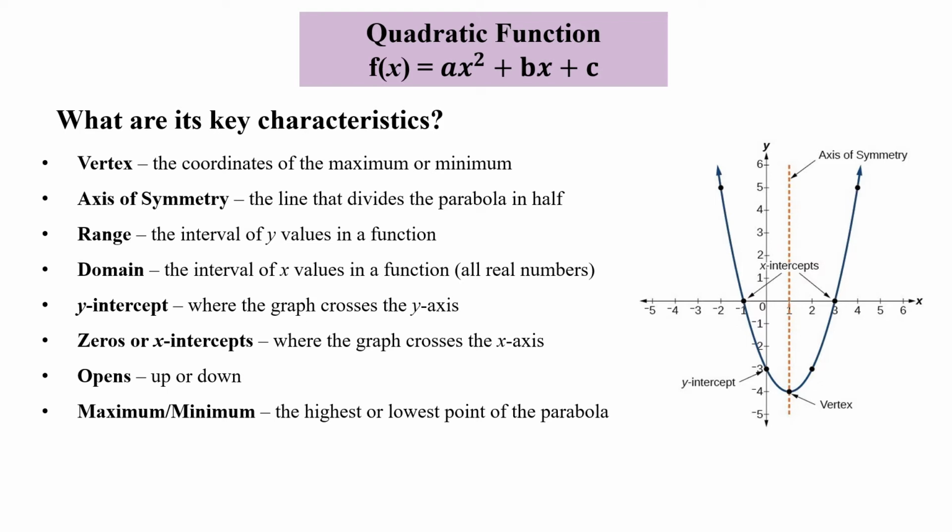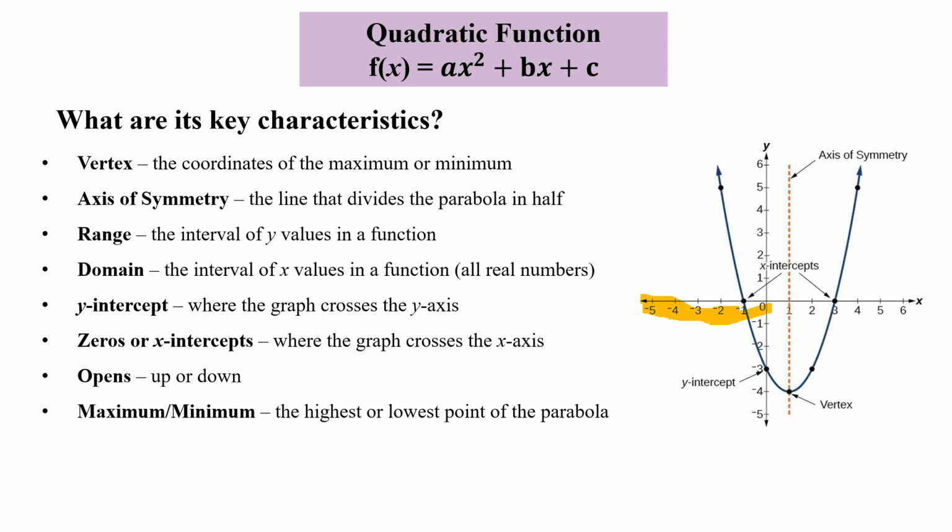The domain is the interval of x values in a function. So what you have to think about is, as the x value of this graph moves to the left, we're going into what is known as negative infinity.